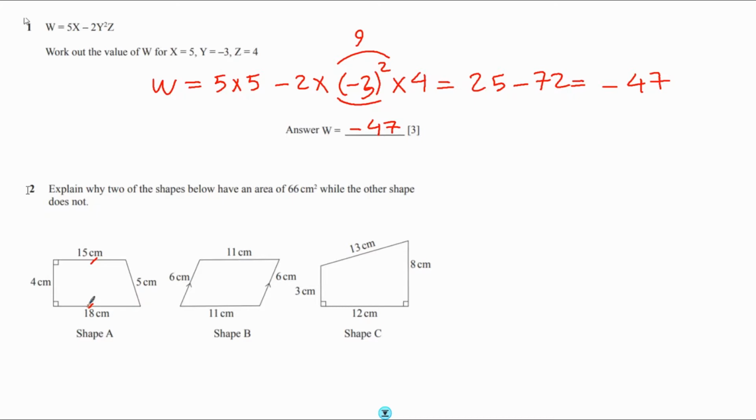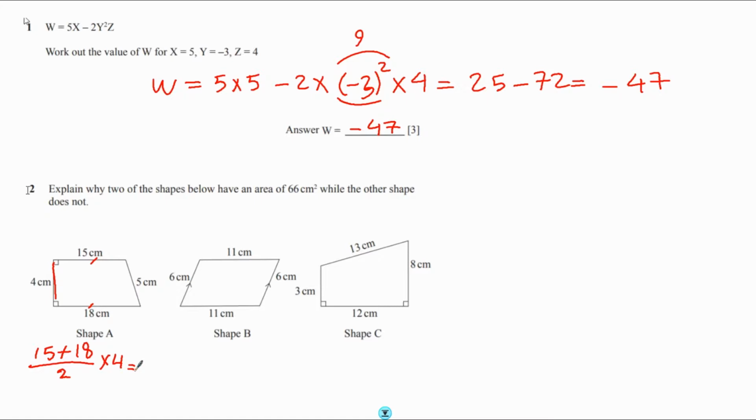The area of a trapezium is the average of the two bases times the height. Here we have 15 and 18 as the bases, the sides that are parallel. So the average would be 15 plus 18 divided by 2, times the height, which is this 4 here.